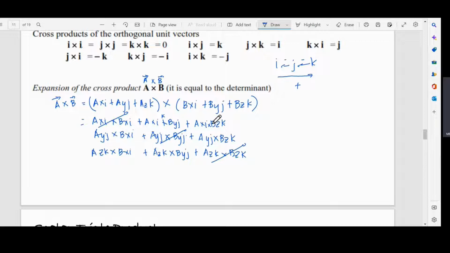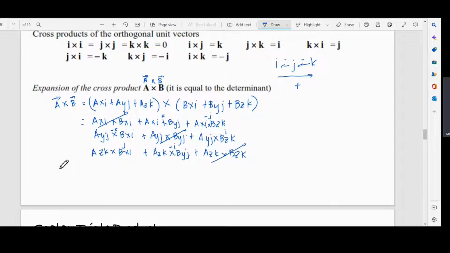I cross K, we have negative J. Then naman, J cross I is negative K. And then, J cross K will be I. And then, K cross I will be J. K cross J is negative I.